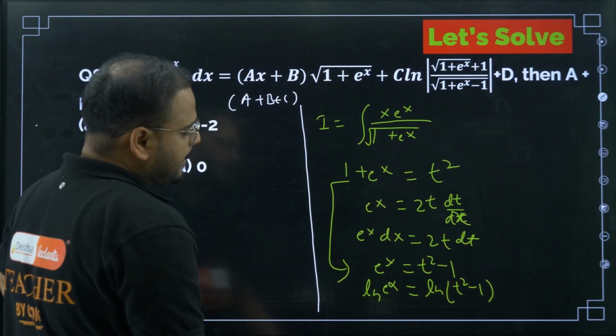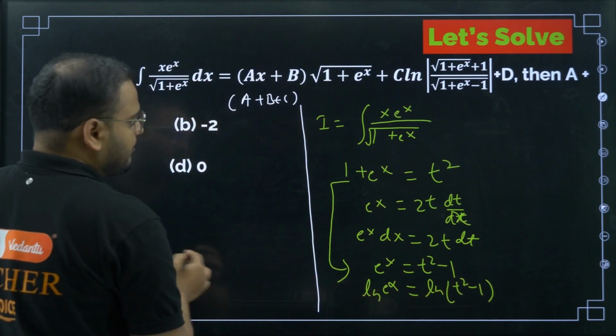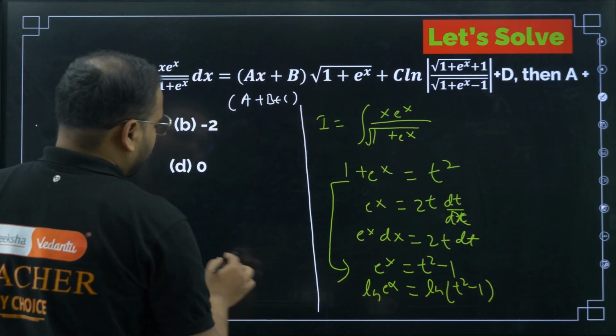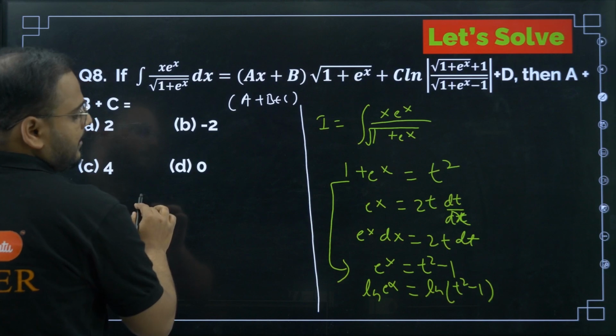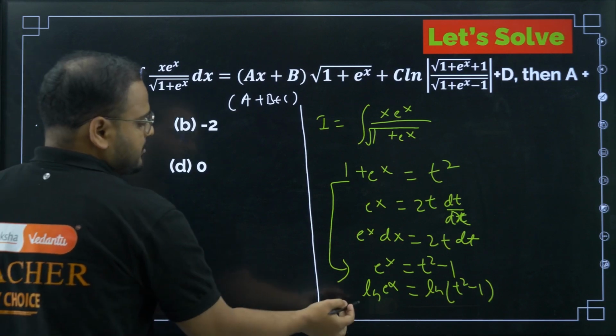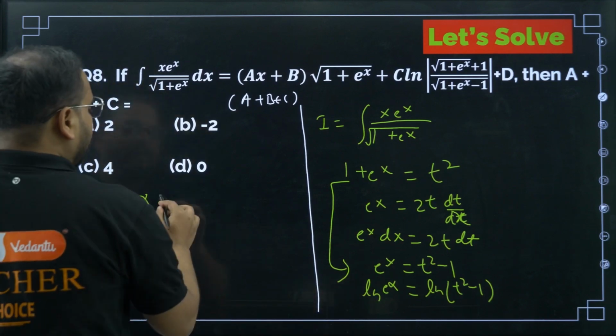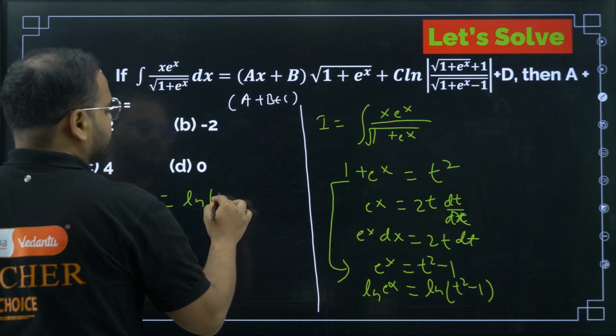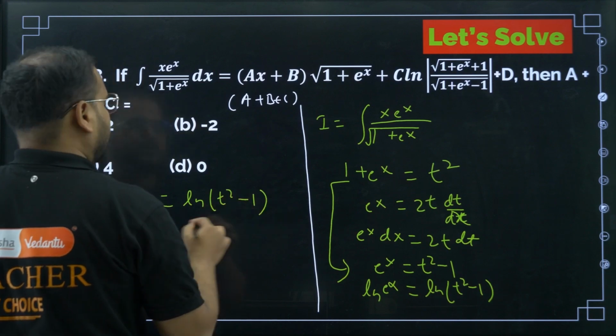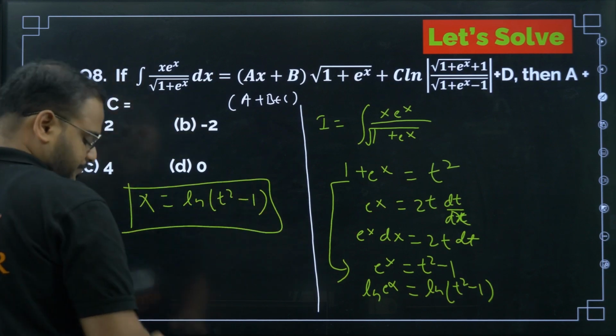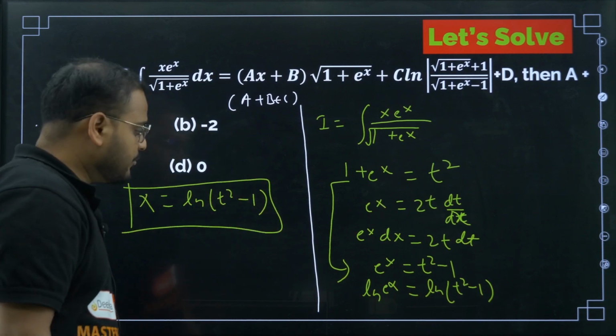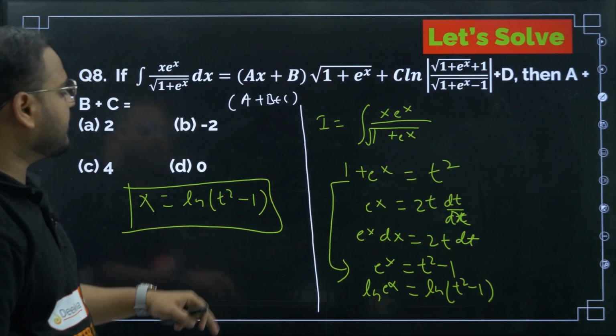Am I right? So this will transform into x, because ln of e power x is simply x, equals ln of t square minus 1. Am I right? No confusion over here, sir. So x equals ln of t square minus 1.